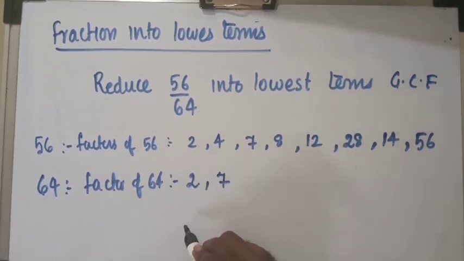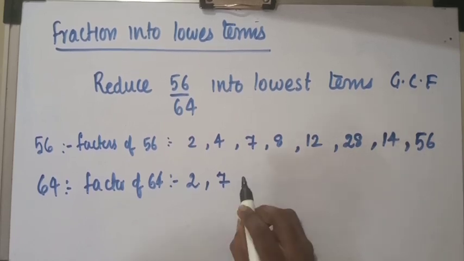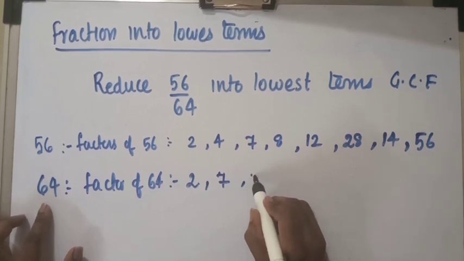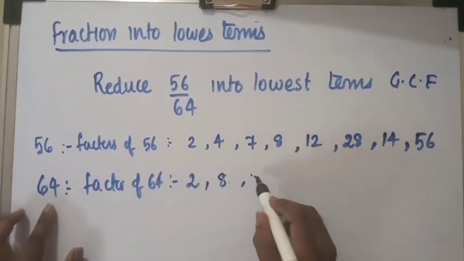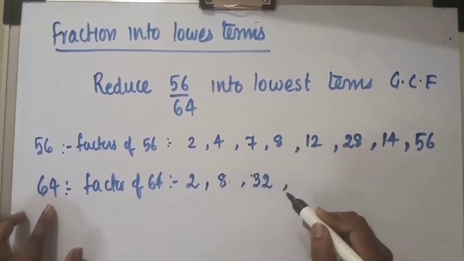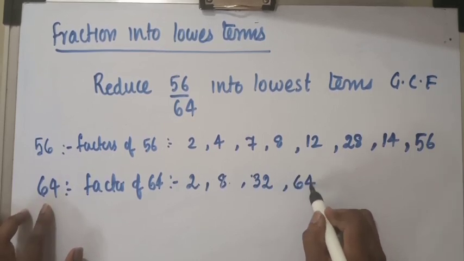It doesn't go in the table of 7, it goes in the table of 8. Then it goes in the table of 32, then in the table of 64.